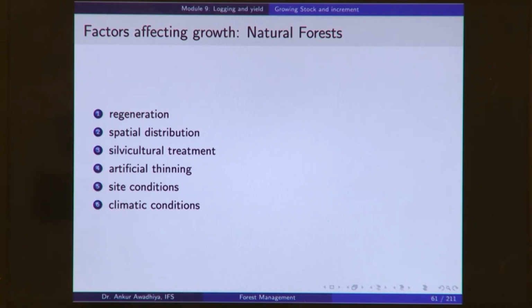Silvicultural treatment: if you are managing your forest properly, you will get a larger increment in growing stock. If you do not manage it properly, then probably your growing stock will not be optimum. Artificial thinning. Whenever we are doing thinning, the growing stock goes down, but the artificial thinning is done so that the plants that remain are able to put up the maximum increment that they are capable of.